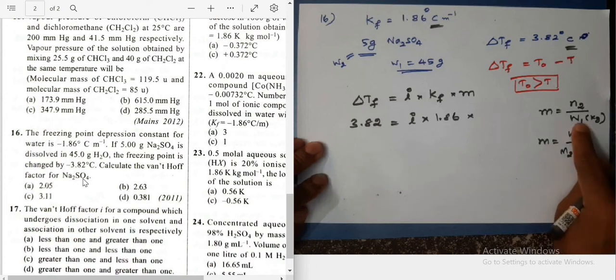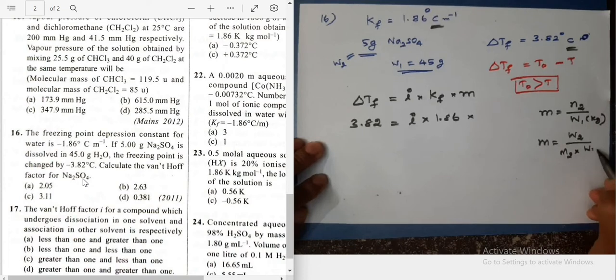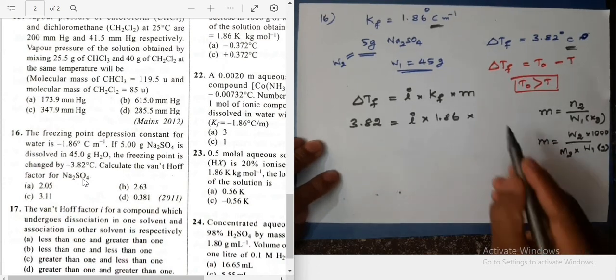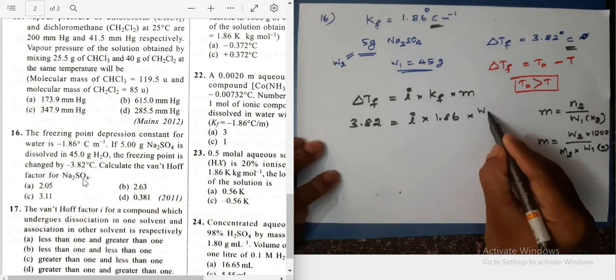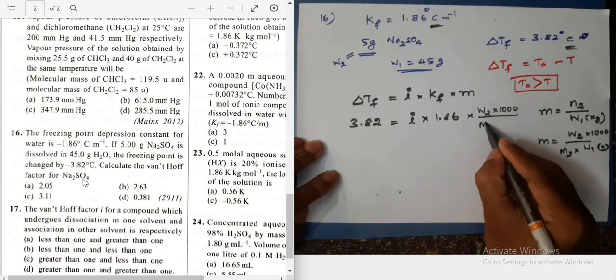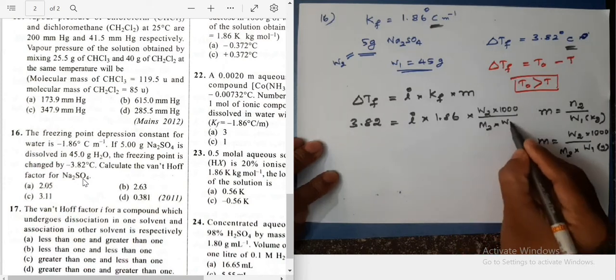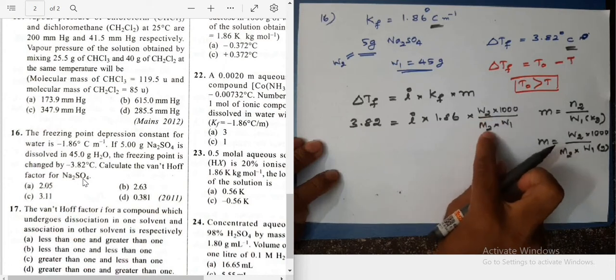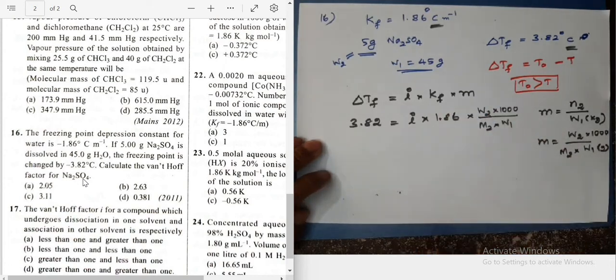If weight of solvent is given in gram, then you have to divide by 1000, so bring the 1000 to the numerator. So molality is equal to W2 into 1000 divided by M2 into W1. Now W2 and W1 should be in grams, and molar mass in gram, so that you will get the answer.